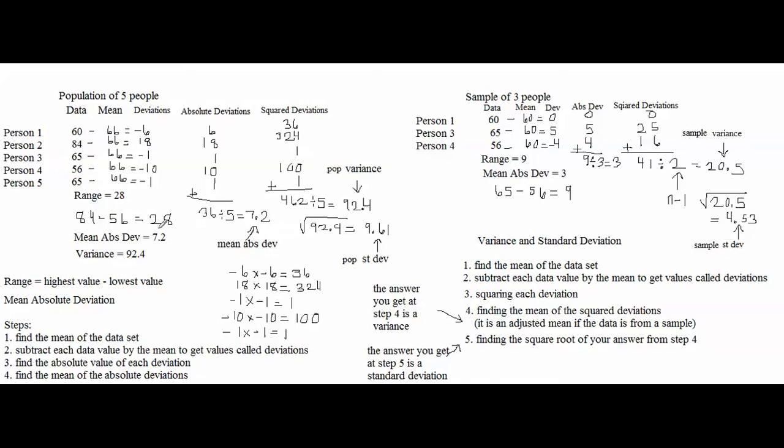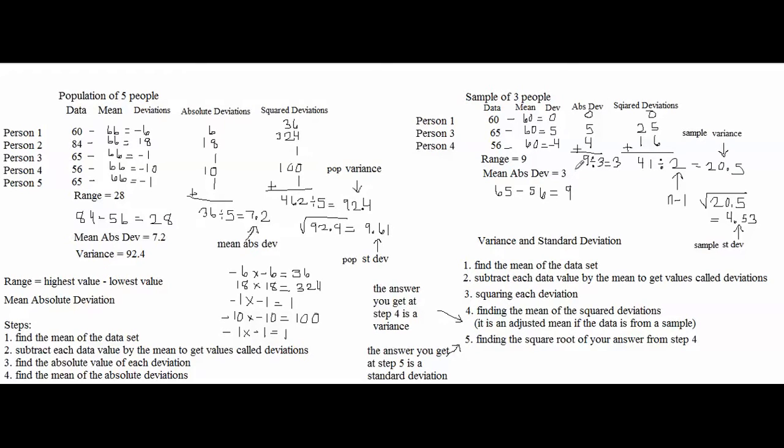Actually, the mean absolute deviation and the standard deviation usually come out to about the same number. Notice how here the mean absolute deviation is 7.2, the standard deviation is 9.61, so they're pretty similar to each other. And over here with a sample, the mean absolute deviation was 3, and the standard deviation was 4.53, so again, they come out to about the same number.